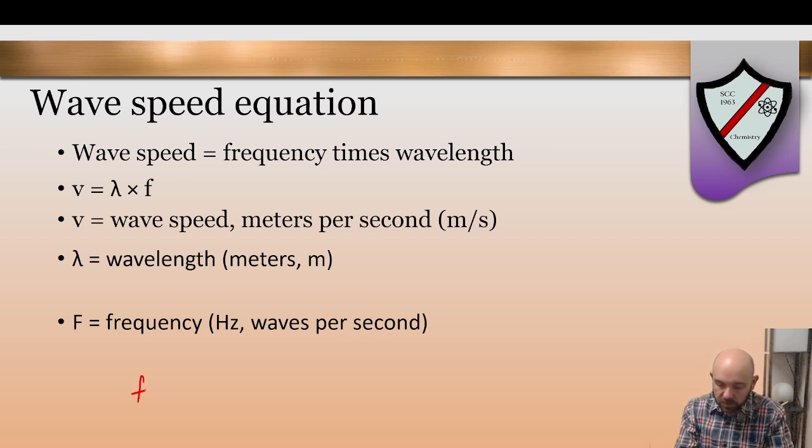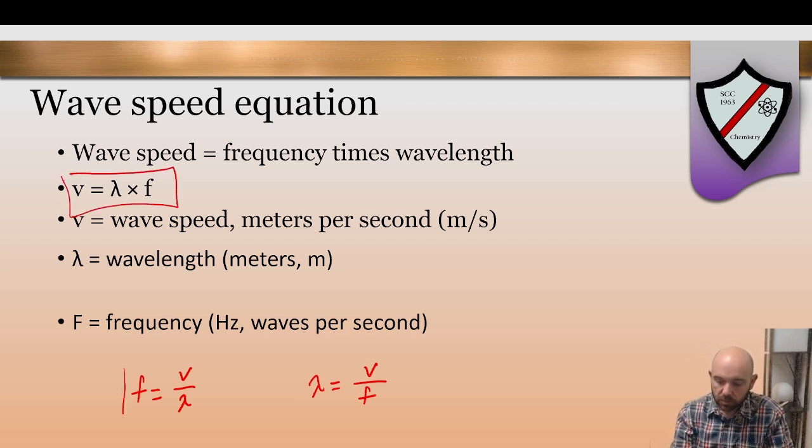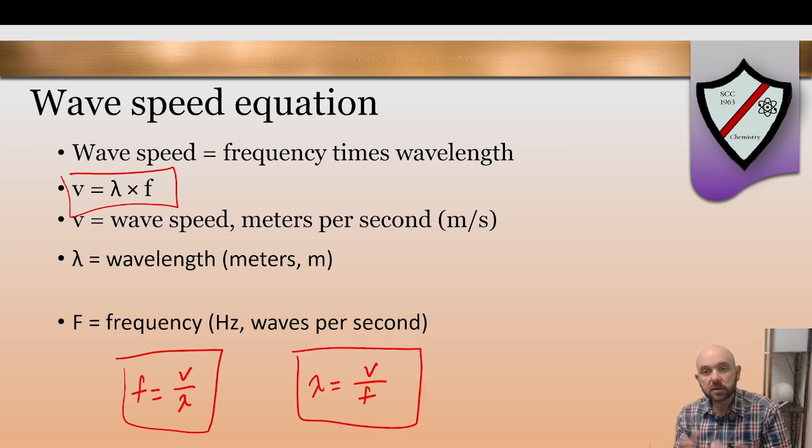The frequency should be equal to the speed of the wave divided by its wavelength, and the wavelength should be equal to the speed of the wave divided by the frequency. Using these three formulas, we should be able to solve for any one of the variables given the other two variables. We'll see some of those practiced in the next couple of slides.